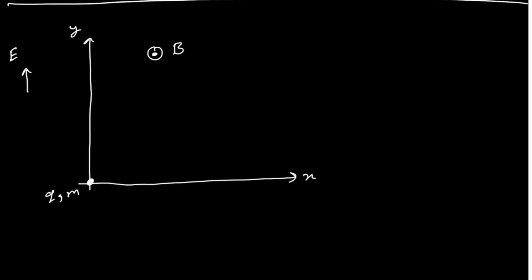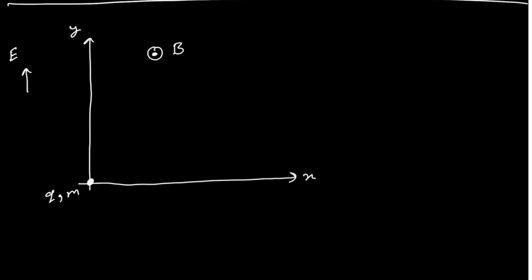Now we are going to analyze the motion of this charged particle in this uniform electric and magnetic field. As we know, a magnetic field exerts force on a charged particle only when it is in motion. So initially, since the charged particle is at rest, only electric force will act on it, and because of this electric force, this charged particle will gain some momentum towards the y-axis, and as soon as the charged particle gains some velocity, magnetic force also starts acting on it.